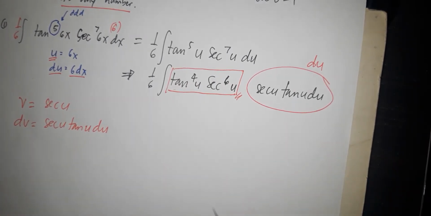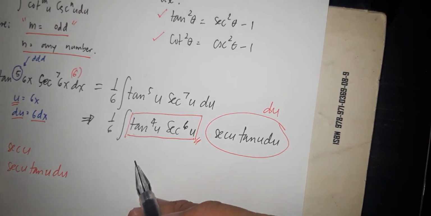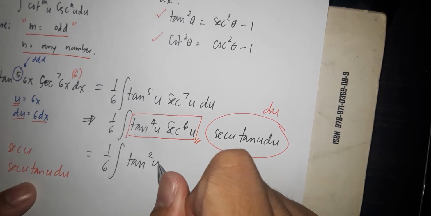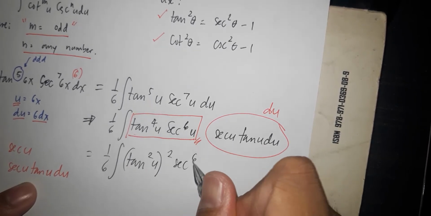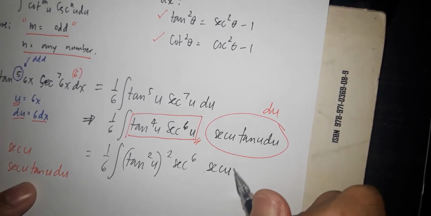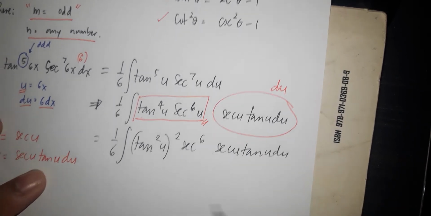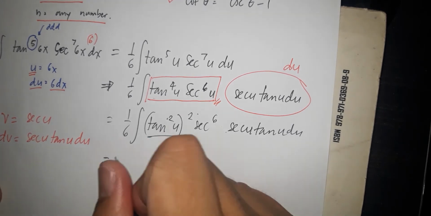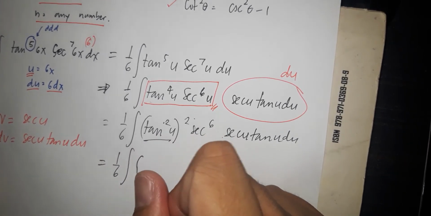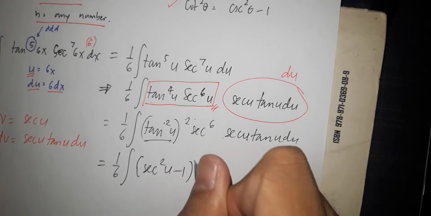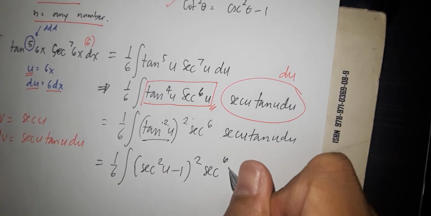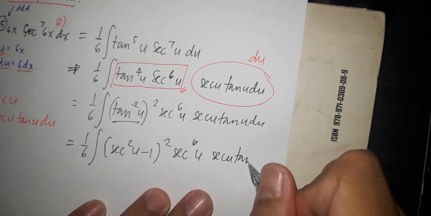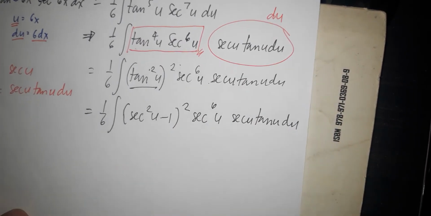So, papalitan ko yung tangent ng secant. Paano natin siya papalitan? That's 1 over 6 integral of tangent squared u squared, secant to the 6th u, secant u, tangent u, du. Since tangent squared squared is tangent to the 4th, replacing tangent squared, that's secant squared u minus 1 squared, secant to the 6th u, I forgot to put the u here, secant u, tangent u, du.